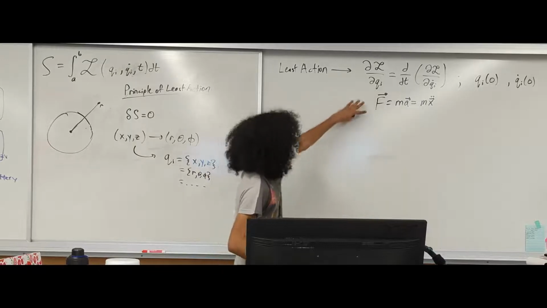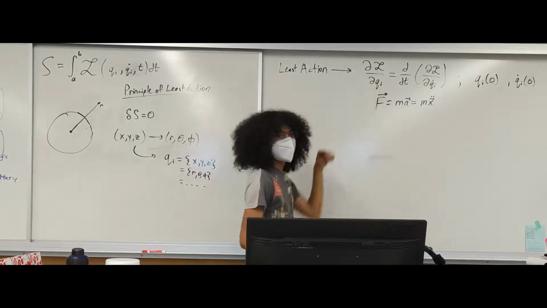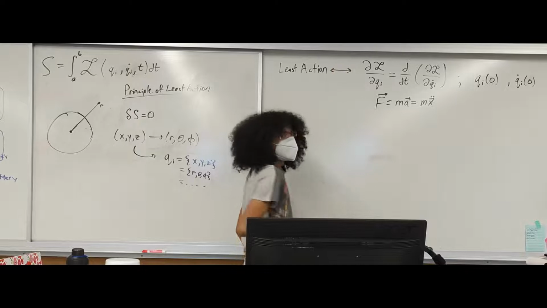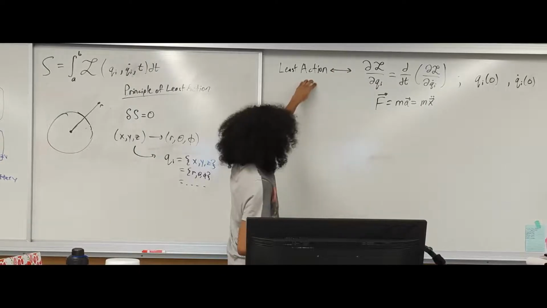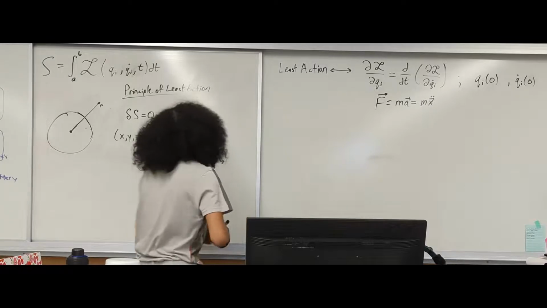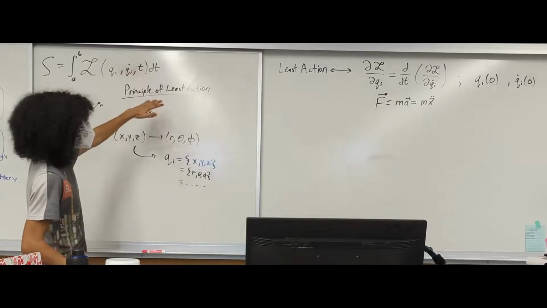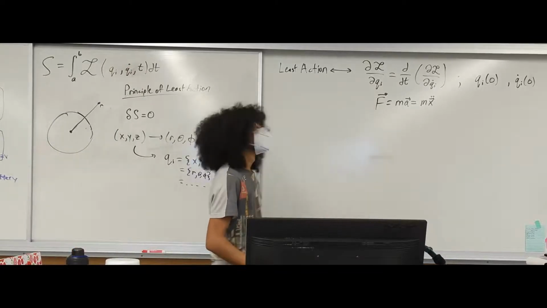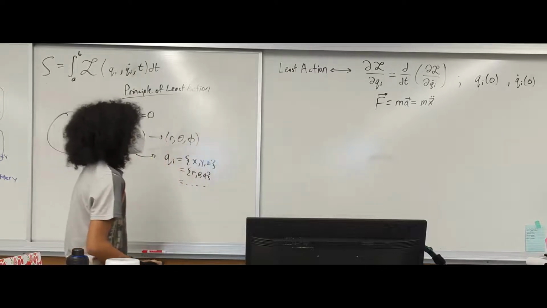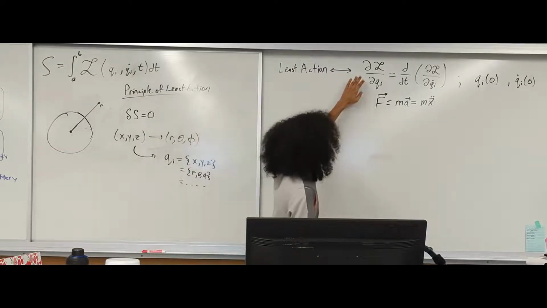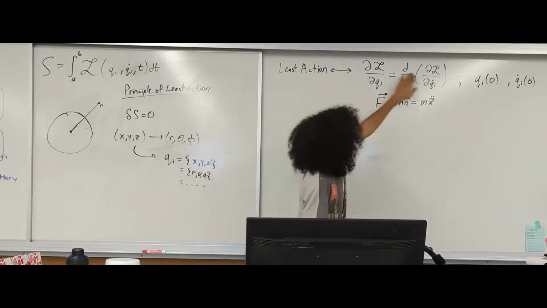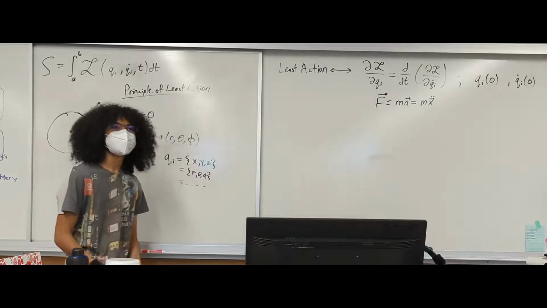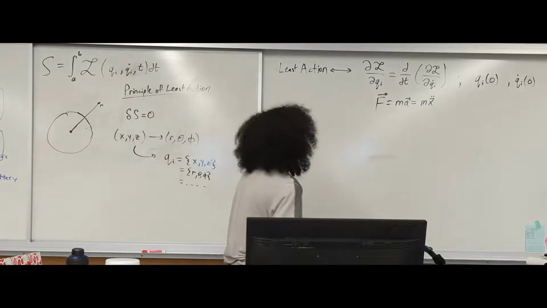Then if we can match this with this, so that if this is true, then this is true, you can actually go the other direction and say if this is true, then this is true. And so the whole idea with the principle of least action is that it is exactly equivalent to Newtonian physics. All right, so our goal then is to find a Lagrangian so that this equation is the same as Newton's second law. Does that make sense? Okay, so now we need to actually do that.